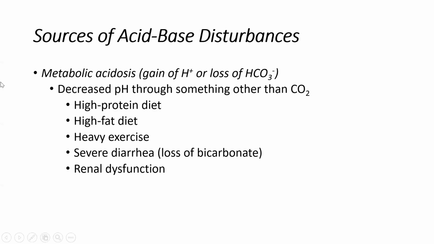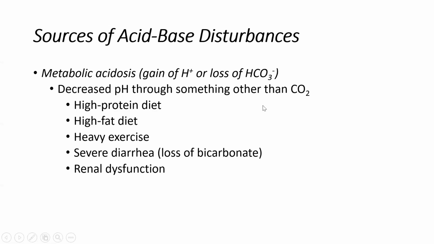And so we can speak about a metabolic acidosis as a state of gaining excess hydrogen ions or losing excess bicarbonate ions. And this can be brought about by a few different ways, but not through the lungs. So anything other than CO2 will contribute to a state of metabolic acidosis.